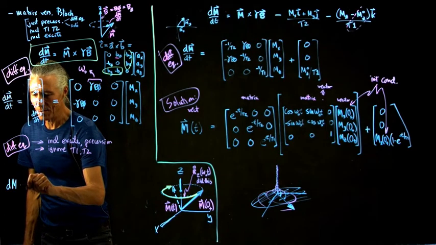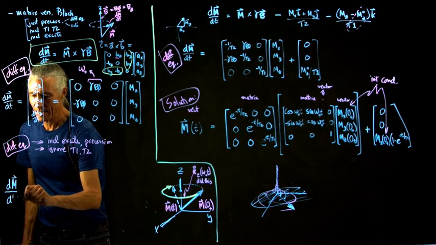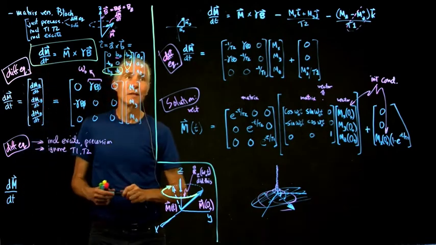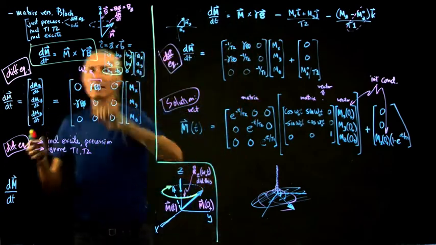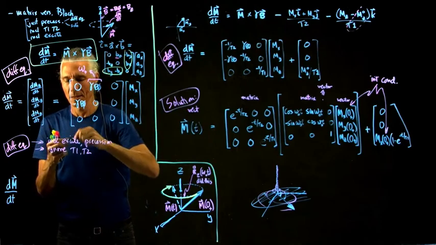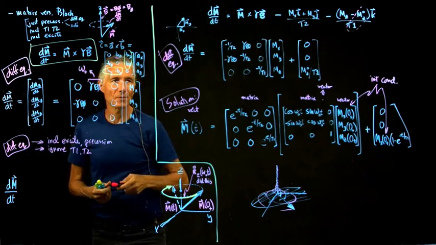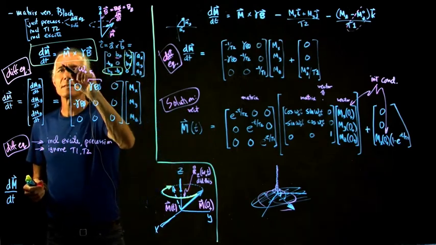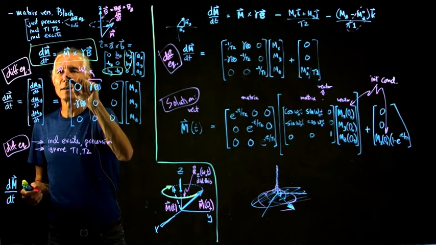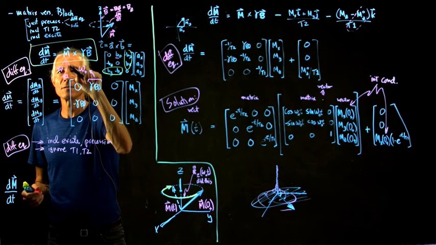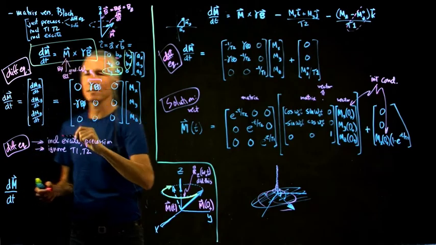This is the differential equation, but now including excitation. The excitation's actually in this equation already. We just weren't thinking about it, but this includes the B0, and it also includes the B1. That's the excitation. It also includes the gradients, because the gradients affect the B0.